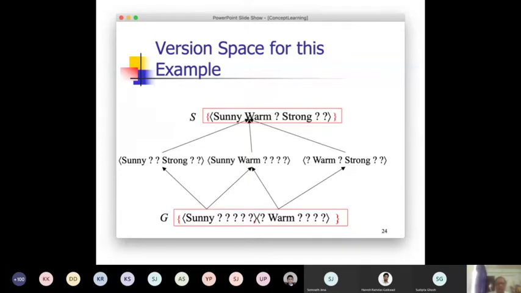Can you tell me once again, suppose I have two hypotheses, say H1 and H2, when do we say H1 is more general than H2? So for all x, if h2 of x equal to 1, then that would imply h1 of x is also equal to 1. Then we would say that h1 is more general than h2. Very good.